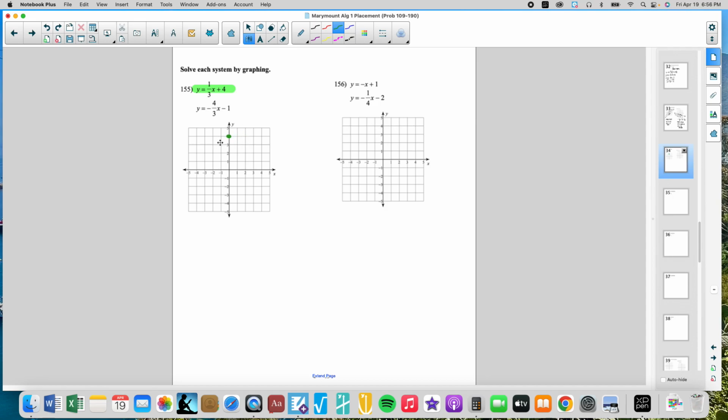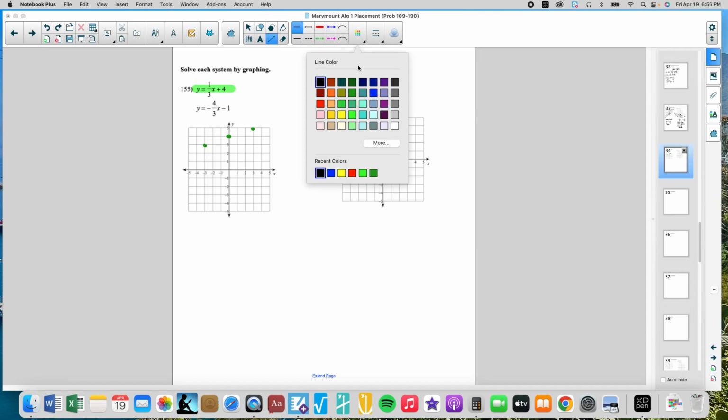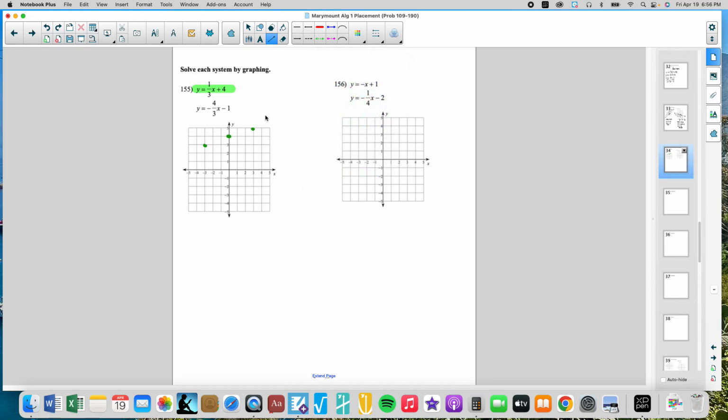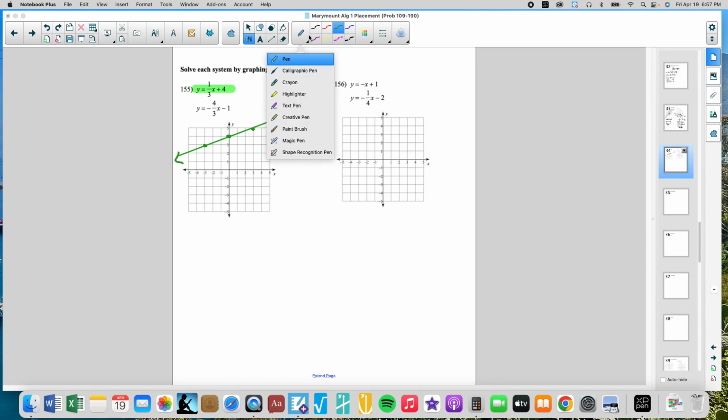I'm going to go up 1, right 3, make a dot, and then I'll go down 1, left 3. Let's make that green. So we will graph that. That was pretty good. We'll put arrows, and now we'll do the other one in blue.